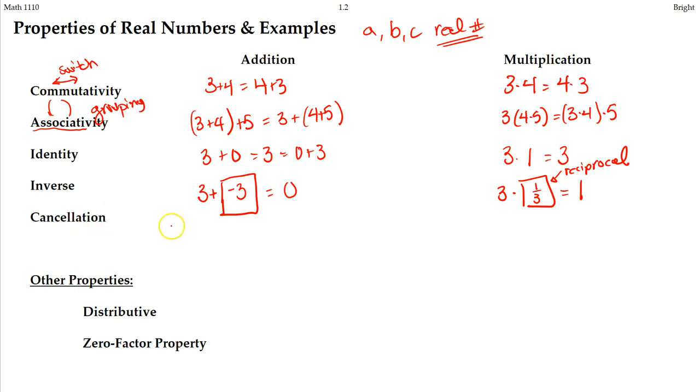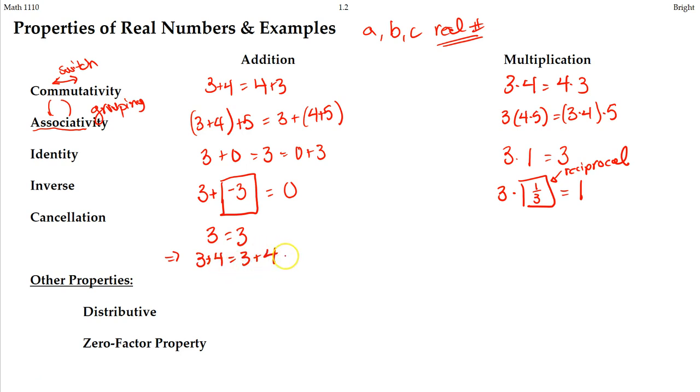Cancellation says that if we have, formally it's a little weird using actual numbers, but if we have 3 is equal to 3, a true statement like that, then if we do something to one side, we have to do that same thing to the other side.